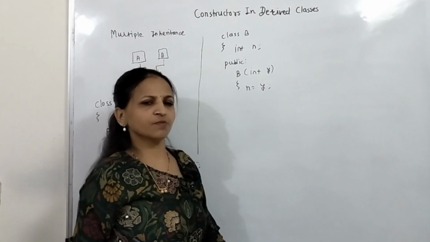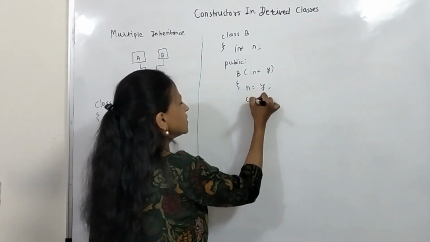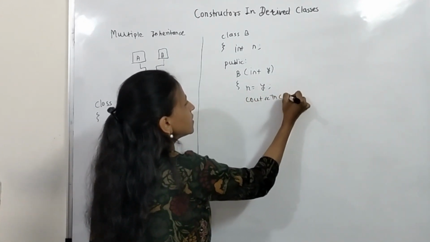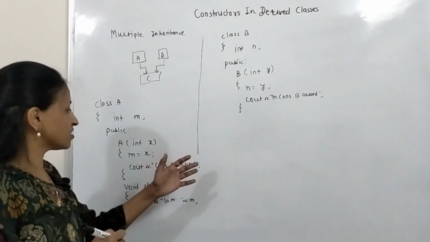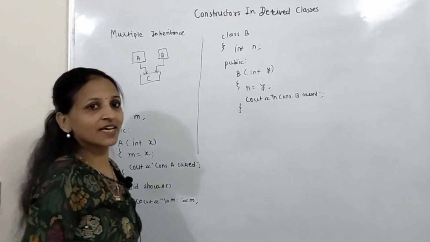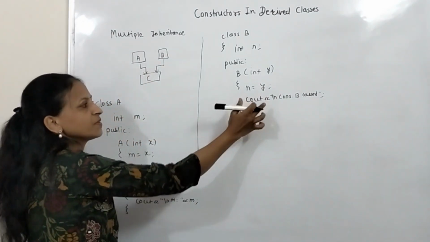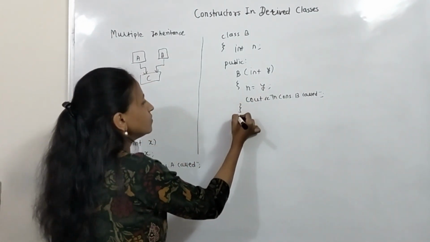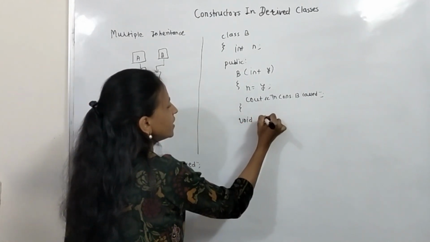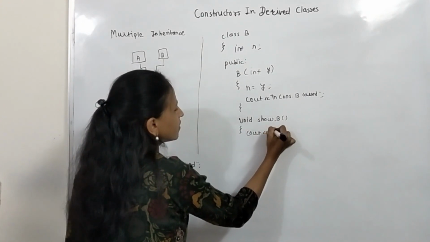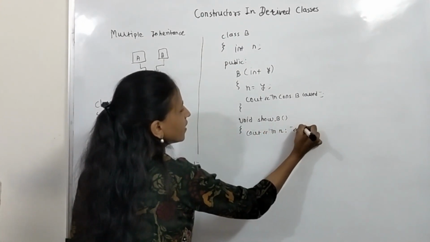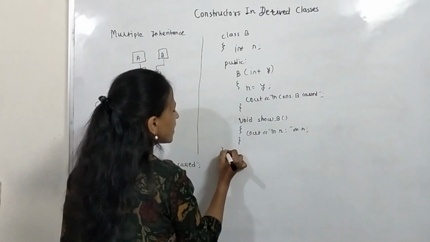And now we will just display a simple message, cout constructor B called. We will check which constructor is called first and which one is next. That's why I am just displaying these messages. Okay. Now void show B, here just display the value of n colon n. That's it. This is just class B.